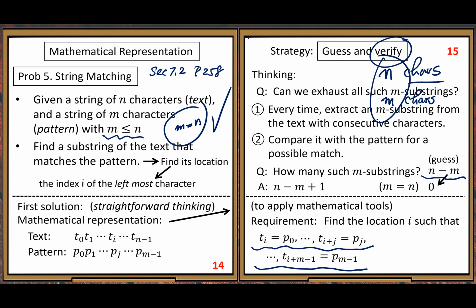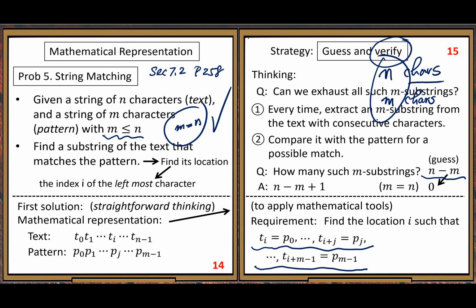Let me do a summary for this strategy. When we apply the strategy, this guess step is very important. If you make a very bad guess, and your result is far away from the answer, then when you make your adjustment, it's very hard.